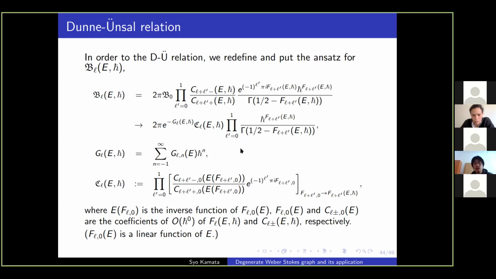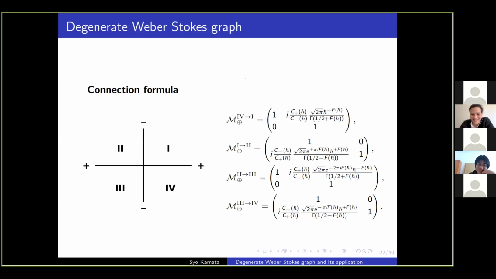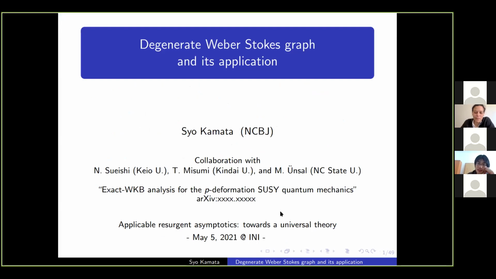And explicitly, you can make a relationship between the A cycle and B cycle of ARA type and degenerate Weber type. We will publish our paper about this in the future, maybe soon, hopefully. In this paper, of course, we will write how to derive the quotient using the Mellin transform.